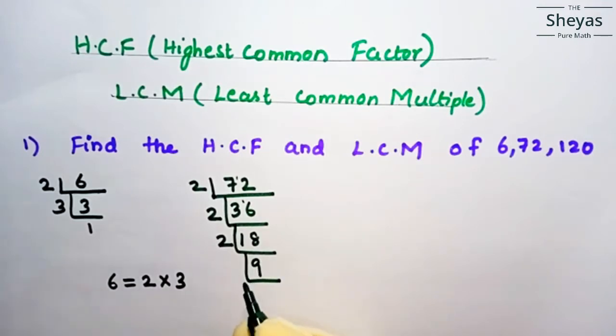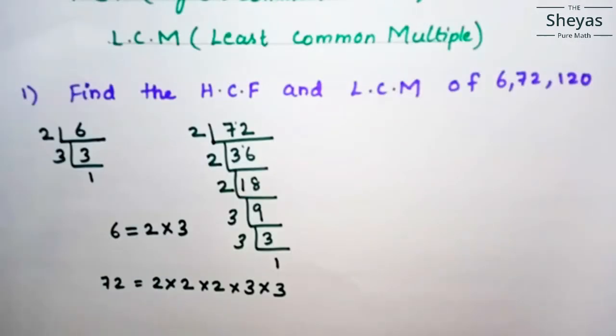Then this 9 is not divisible by 2, so I am taking 3, the next prime number. 3 3s are 9. Then 1 3s are 3. So what are the prime factors of 72? 2 into 2 into 2 into 3 into 3. These prime factors you have to write here.